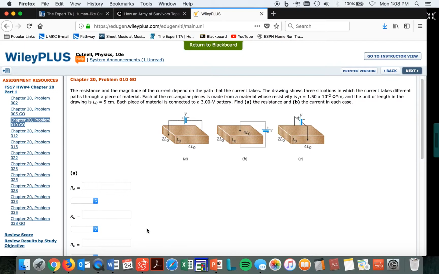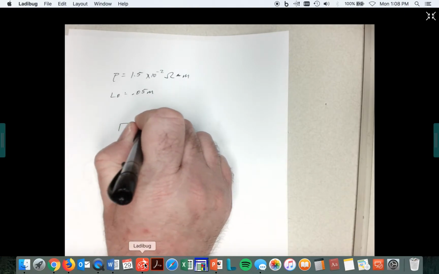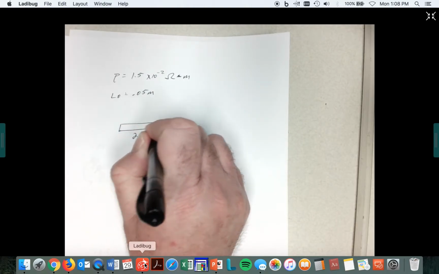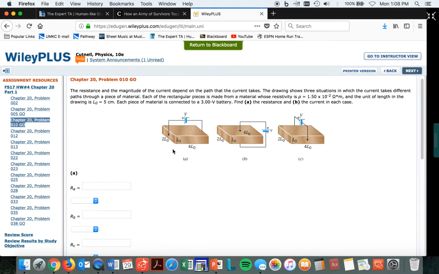We're looking at this one, where the front view is 2 times 1. They didn't draw this to scale very well, did they? If I'm looking at it this way, it goes back 4. So the length of it is 4 L naught, where the height is L naught.